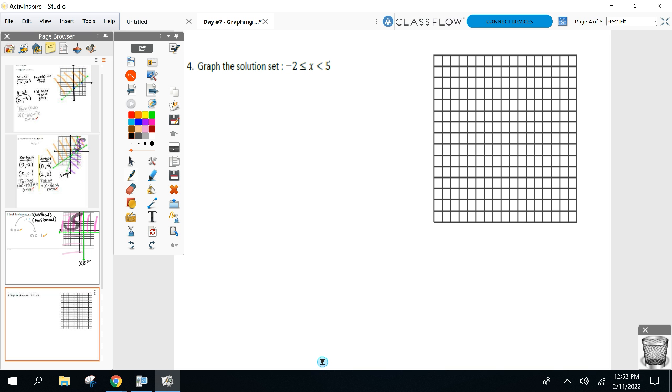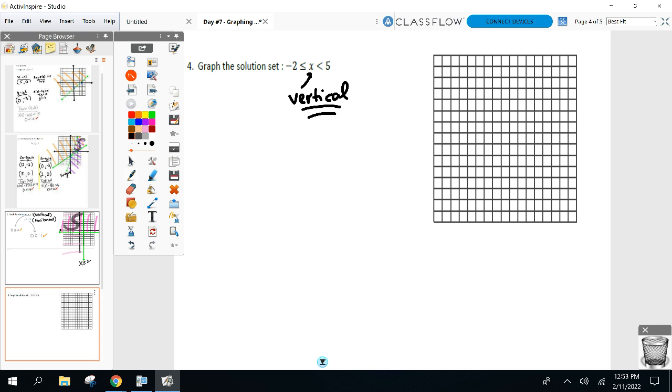This is going to be vertical, right? But you're going to have 2 vertical lines. One at -2 and one at 5. And then we'll talk about shading when we get there. I see the X right here. That's vertical. So I'm going to have 2 vertical lines, one at -2 and one at 5.